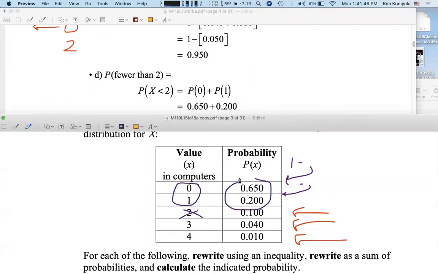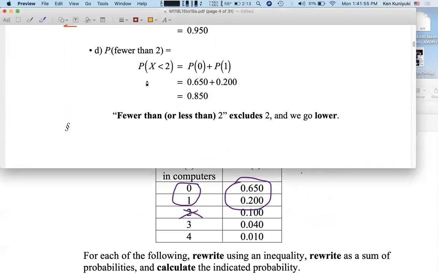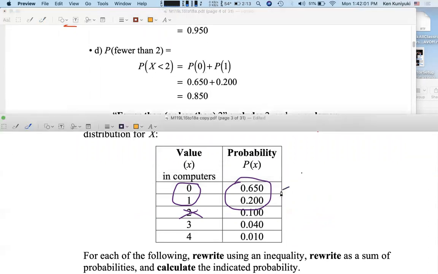We add up these probabilities. The probability that X is less than 2, strictly less than 2, no bar, we don't include 2. This is P of 0 plus P of 1. You add up these two probabilities, and we get 0.850.